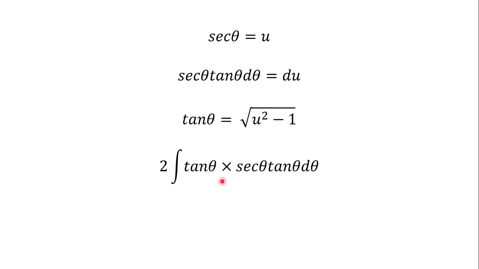Okay, now let's move on. This time, this one will give us tan theta squared secant theta d theta. We also know that tan theta squared is equal to secant theta squared minus 1. So let's replace this one with that.